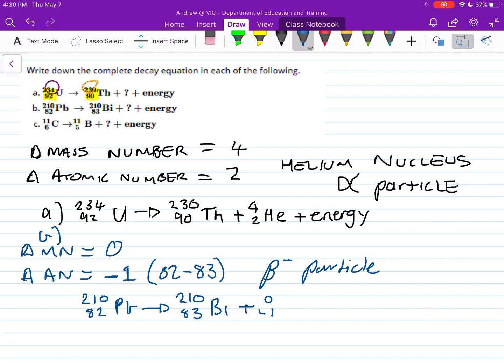Make sure you put it as a negative one, and then E plus our energy.